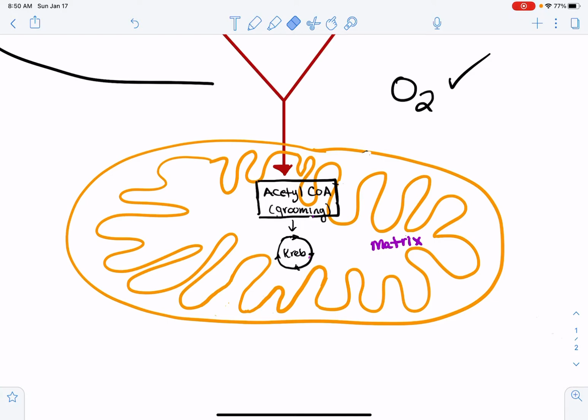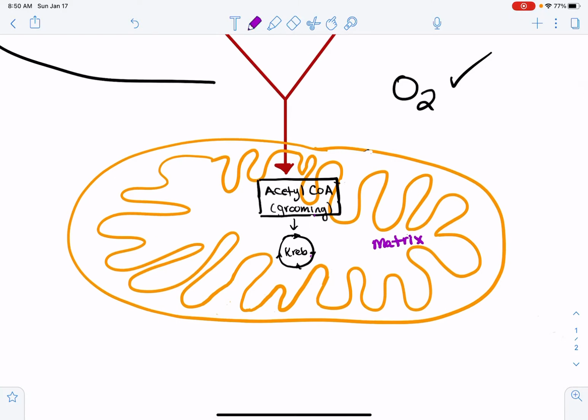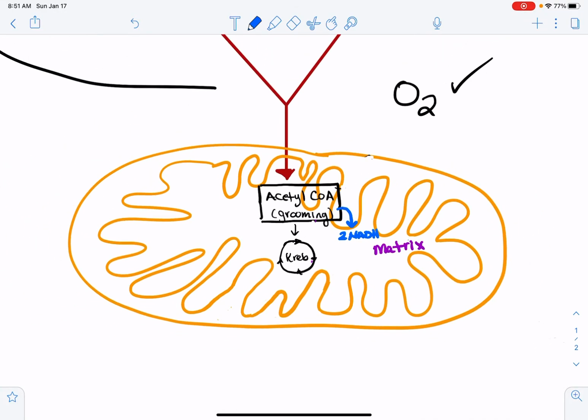So in the process of grooming, I'm going to release, let me put a color on here, blue, okay, 2 NADH. And remember, that's going to go directly to my electron transport chain as it's made. I'm also going to release as a byproduct carbon dioxide that you will exhale out.